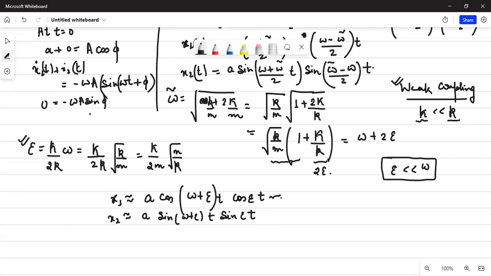So what I can say is, this component will obviously be contributing to oscillations, but it will be oscillating at a slower pace than this. Are you getting my point? Because here, if epsilon is very, very much less than omega, this term can be written like omega t only.